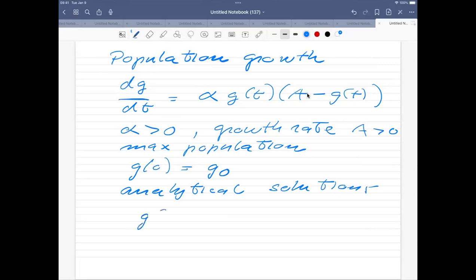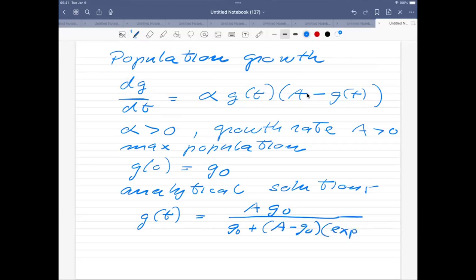So this analytical solution is given by g of t. We have a numerator, a times g0, the initial condition, and this is divided by g0 plus a minus g0, and this is multiplied with the exponential of minus alpha times a times t.